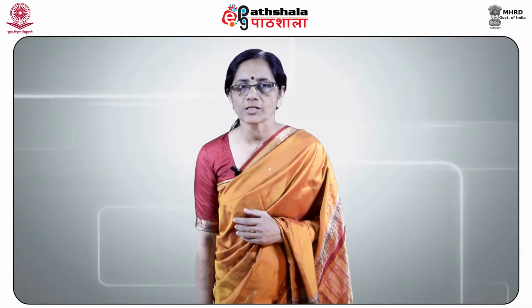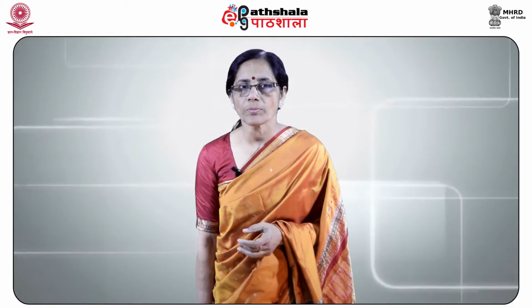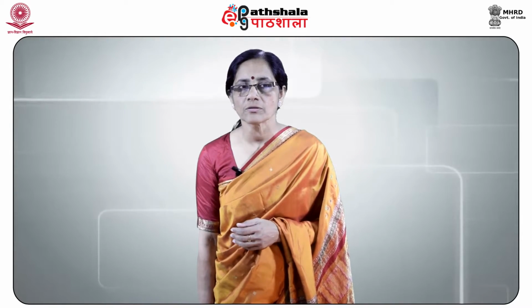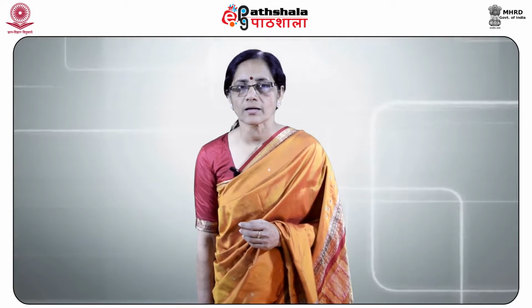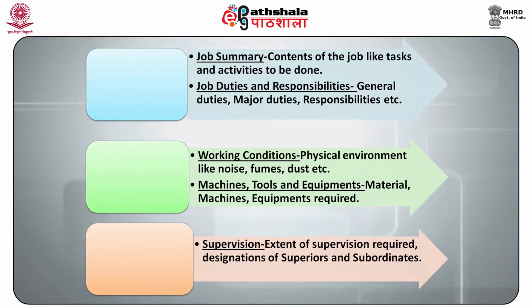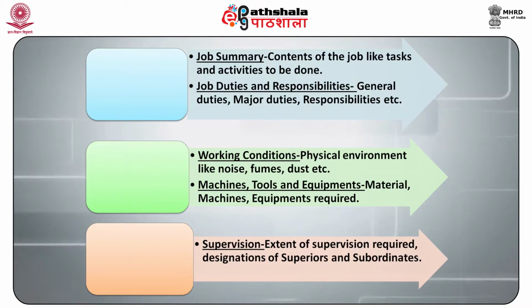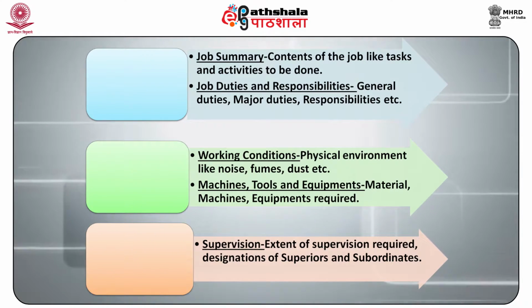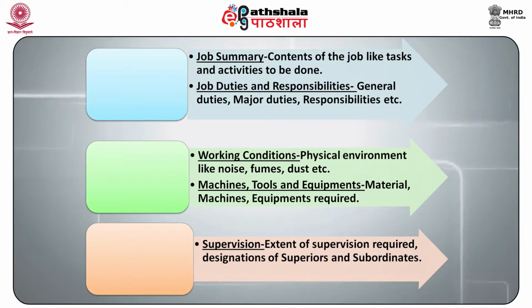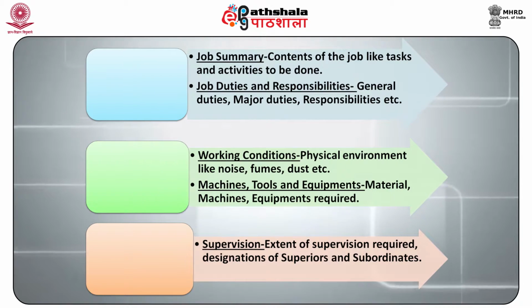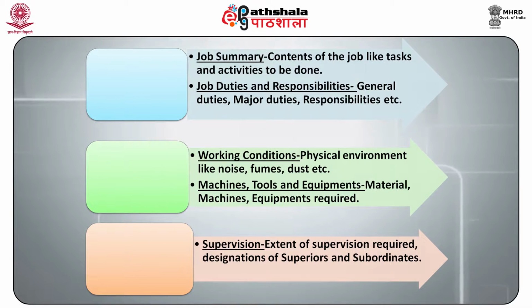First is job identification: date, job title, department, division, code number, job position, etc. The second is job summary: contents of the job like tasks and activities to be done. Third, job duties and responsibilities: general duties, major duties, responsibilities, etc. The fourth, working conditions: physical environment like noise, fumes, dust, etc. The fifth, machines, tools and equipment: material, machines, equipment required.